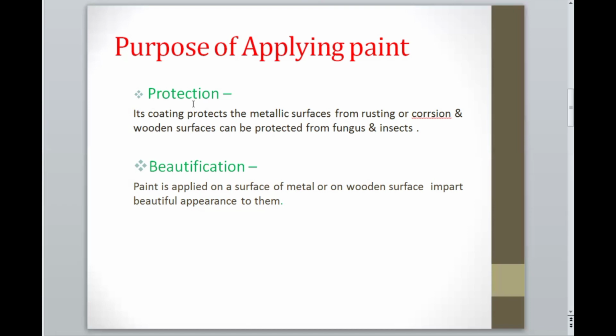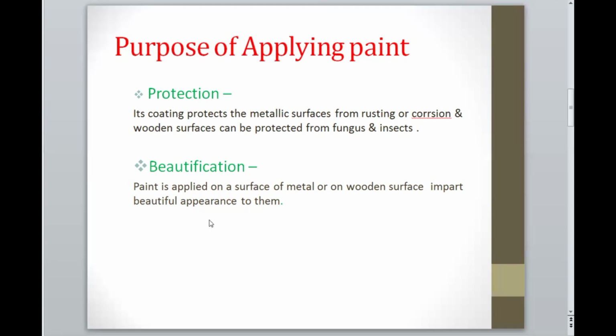So why do we apply paint on a surface? Because of the formation of a protective coating on the metallic or wooden surfaces. Okay. The next purpose is beautification. The painted surface reflects heat and light nicely. That's why paint is applied on the surface of metal or wooden surfaces, which imparts a beautiful appearance to them.